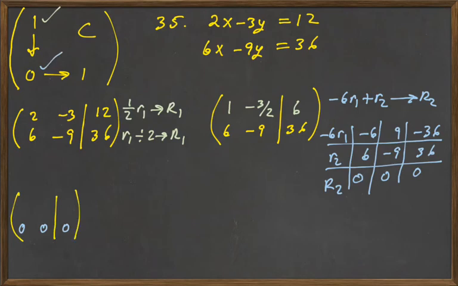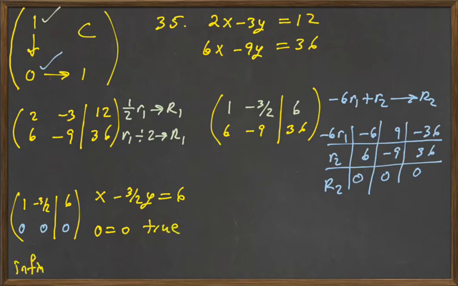All right, so what in the world does that mean? Okay, so the bottom equation says 0 equals 0, and the top equation says x minus 3/2 y, pardon me, is equal to 6. Now, 0 is equal to 0. That's a true statement. And so what this means is the two lines were actually the same, so this is an infinite solution.